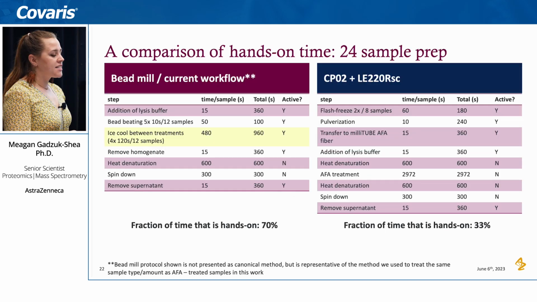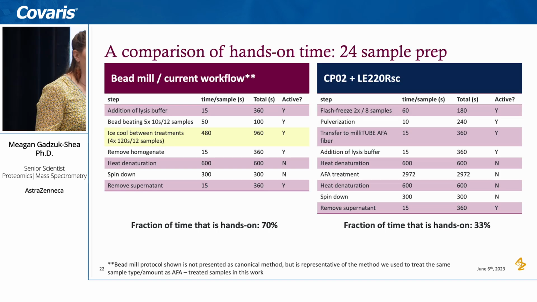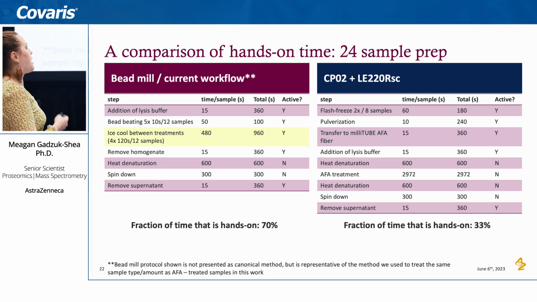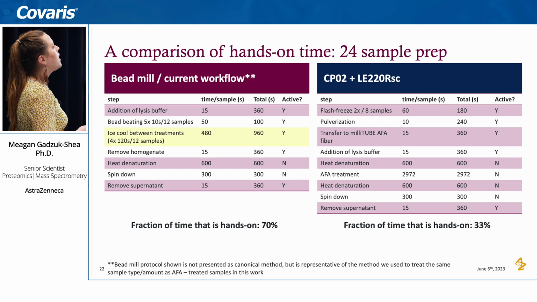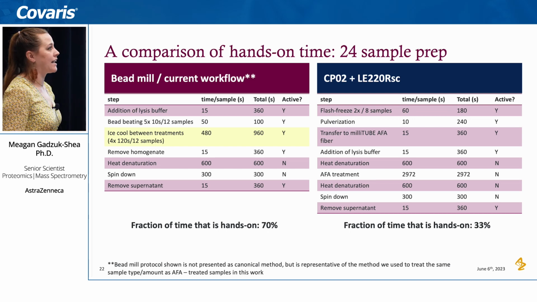And then the last thing, in my objectives of this work, I mentioned that we wanted to reduce the amount of active hands-on time. And these tables, they're pretty busy. There's a lot of steps, of course, but what I'm showing here is the amount of time for each of these steps for each sample, as well as the total time that's required for that step, and whether or not it's actively hands-on.